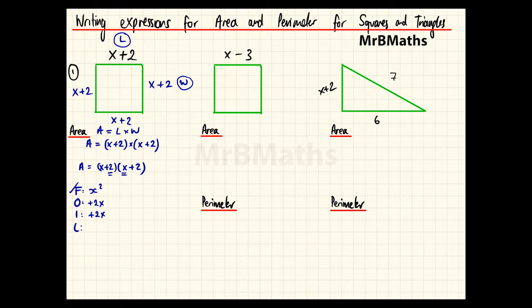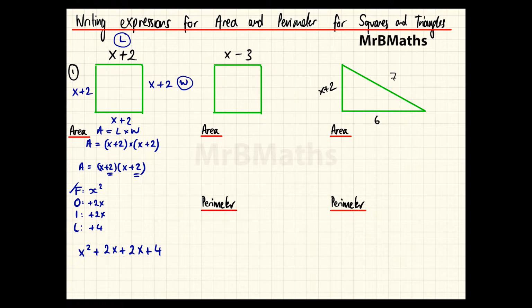And then we've got the last one, L for last, which happens to be this one here and this one here. So then we've got plus 2 times plus 2, which gives us plus 4. Now in total we can rewrite this as x squared plus 2x plus 2x plus 4.